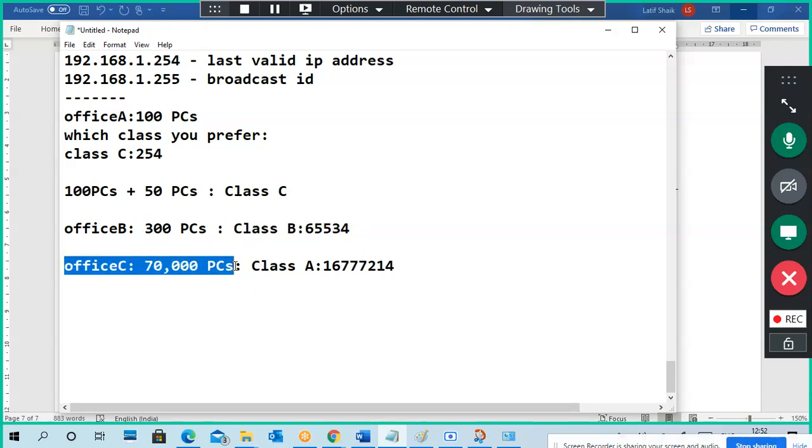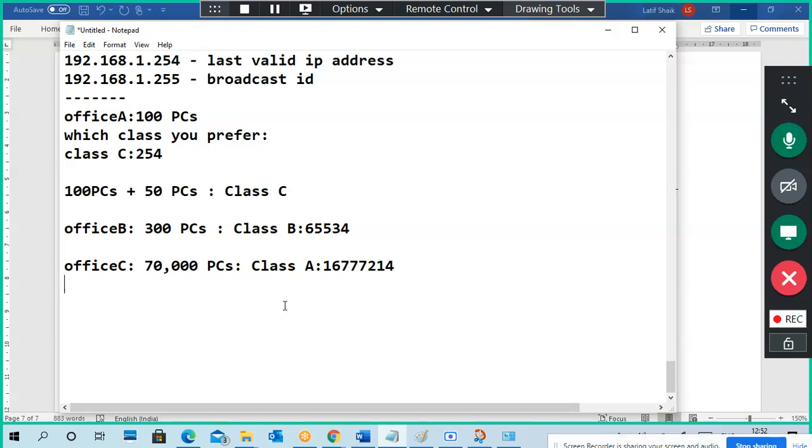If I have more than 65,534 devices in my network, compulsorily I have to choose class A. Class A supports up to 16 million hosts in the same network.